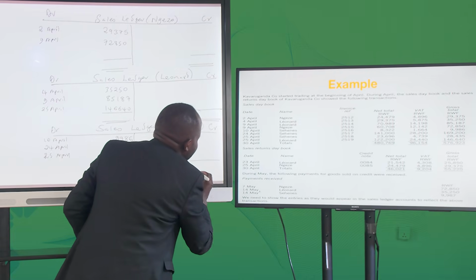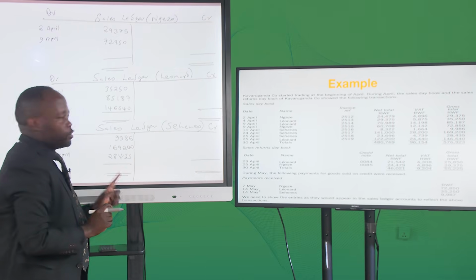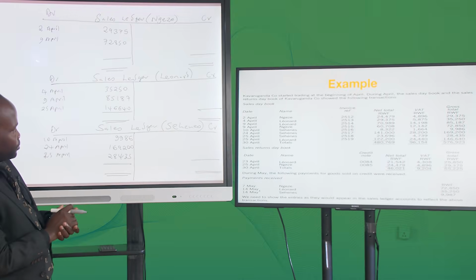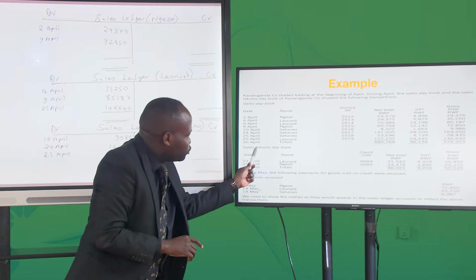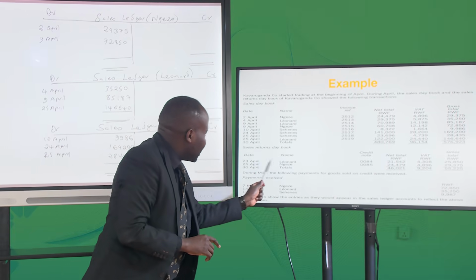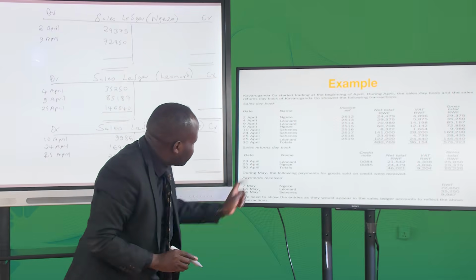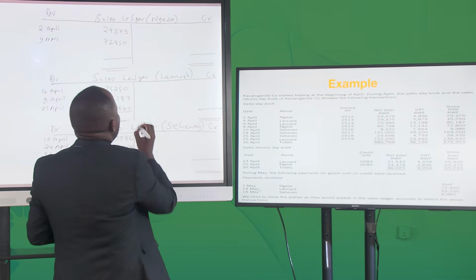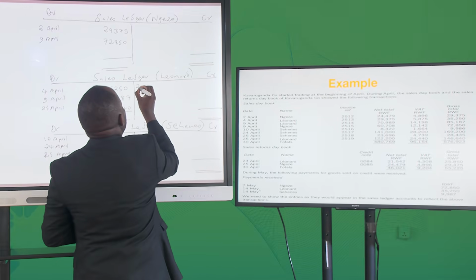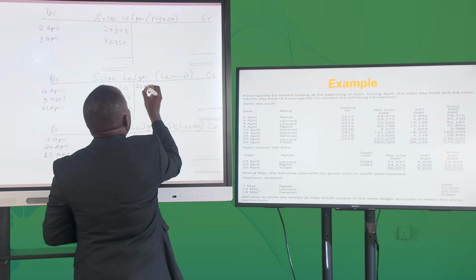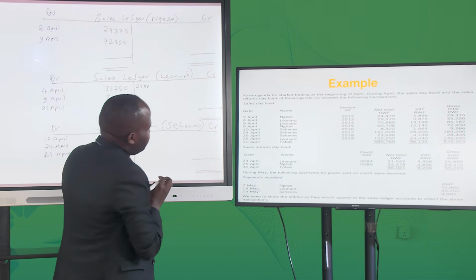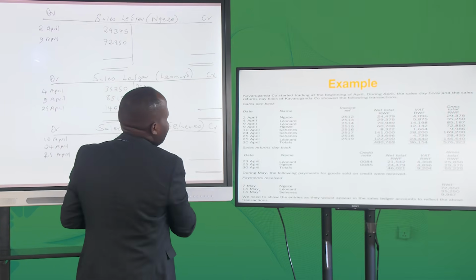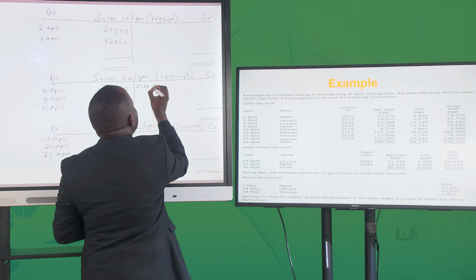So let's see if there were any credit notes on those clients. Let's look at the credit note, sales return day book. Let's start with Leonard, 23rd April.